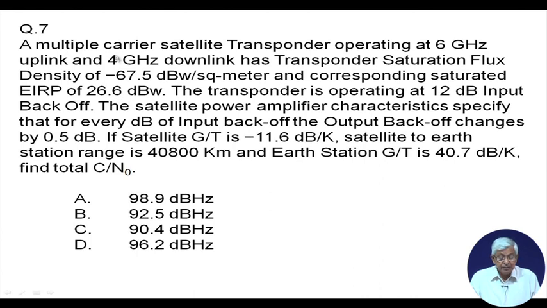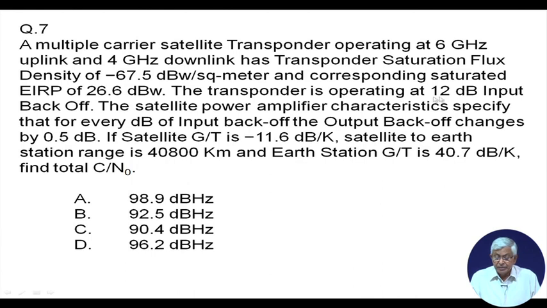Since there are multiple carriers, the transponder has to operate in the linear region. In the saturated region, it will be creating nonlinearity and related problem. So, in the linear region, if we have to operate, we back off the operating point from the saturation by 12 dB for the input.